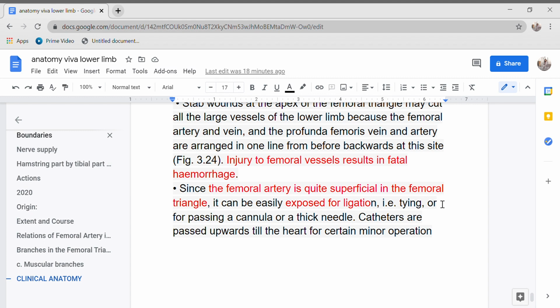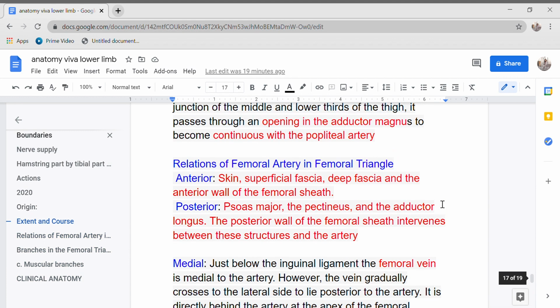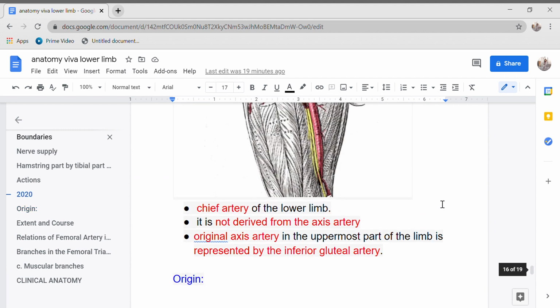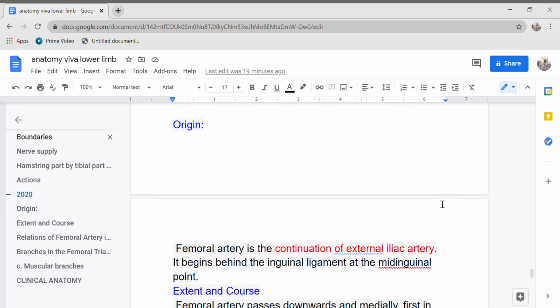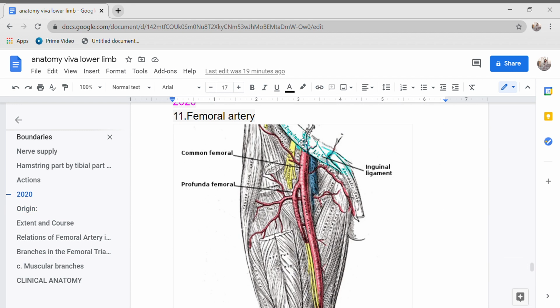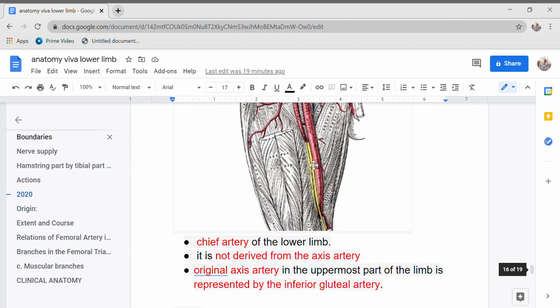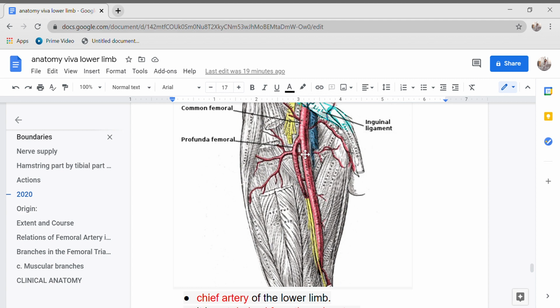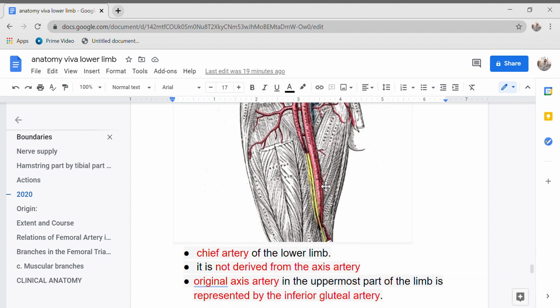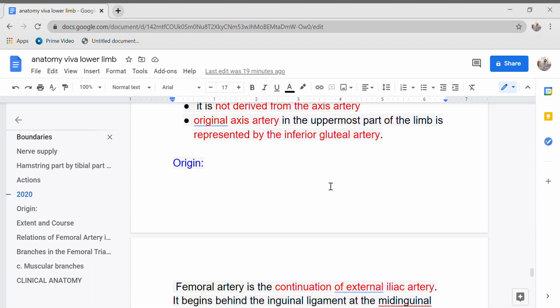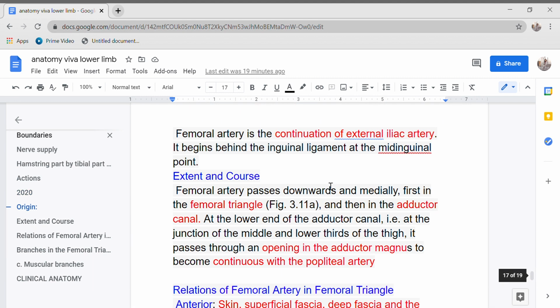So regarding the femoral artery, it originates from the external iliac artery behind the inguinal ligament at the mid-inguinal point and extends downwards through the femoral triangle. It comes down to the adductor canal, enters the opening of the adductor magnus, the adductor hiatus, and reaches the popliteal region to continue as the popliteal artery.